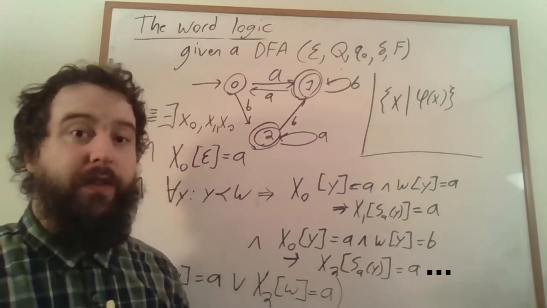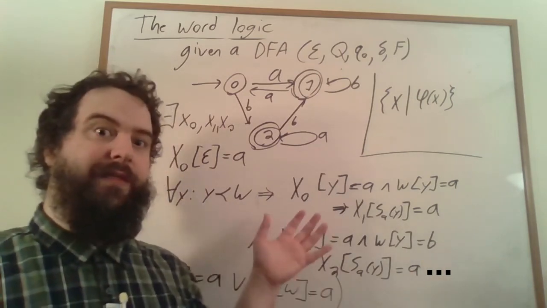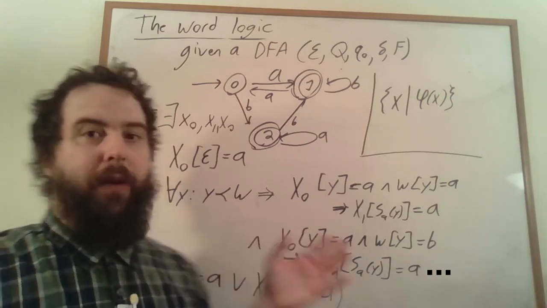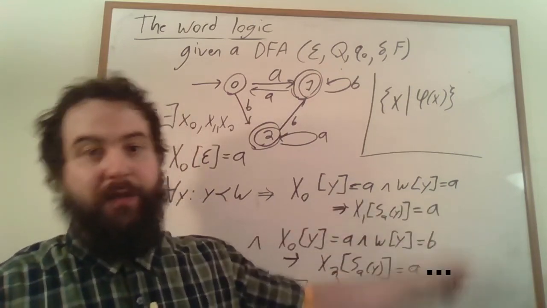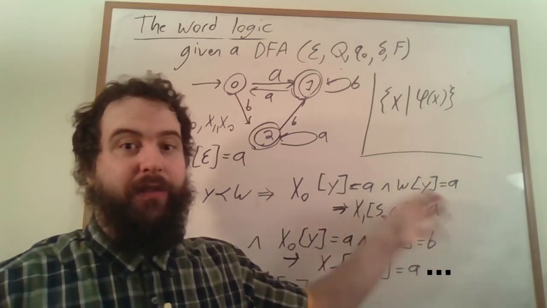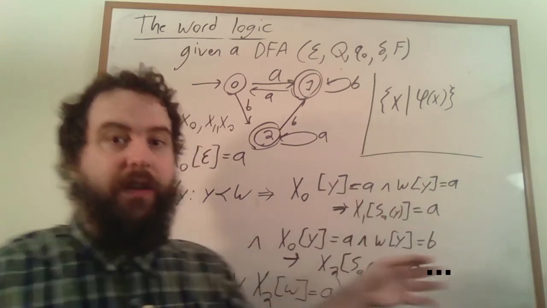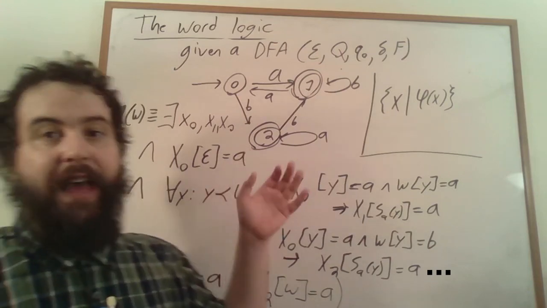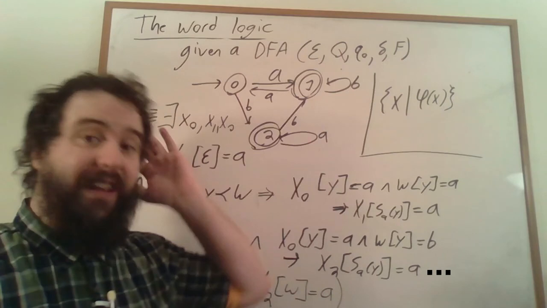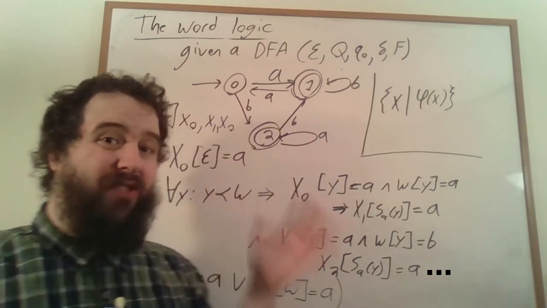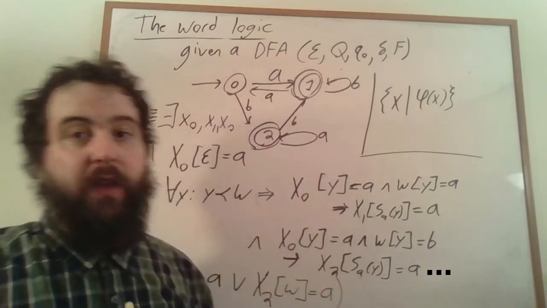And it's a real nuisance, but you can do it. And this proof actually winds up falling apart completely. We really genuinely need a's and b's. We need at least 2 separate characters to do this sort of construction. This fact that the word logic is expressively equivalent to finite state automata is actually not true in the case where sigma has just 1 letter.